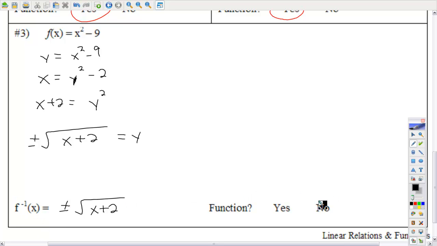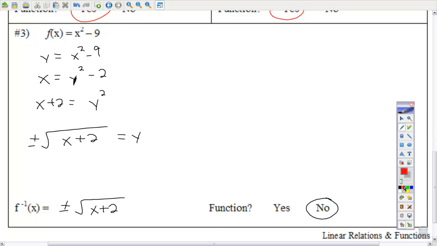Is this a function? There's 2 reasons why it's not a function. One reason is using the logic of, hey, if I put a number in, how many answers do I get out? Put any number in here for x, except for negative 2. Any other number in, you're always going to get 2 answers. If I put a 7 in, 7 plus 2 is 9. The square root of 9 is plus 3, and it's negative 3. That's 2 answers.